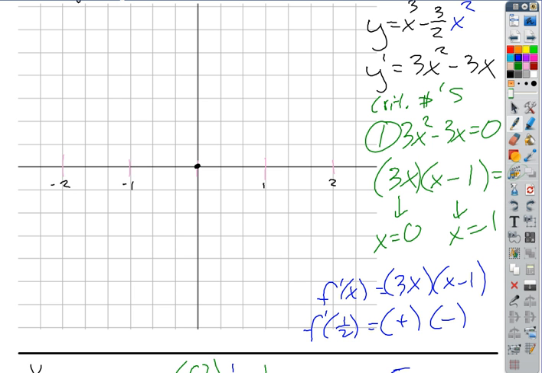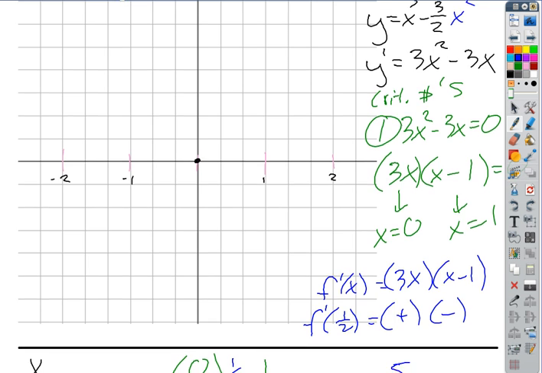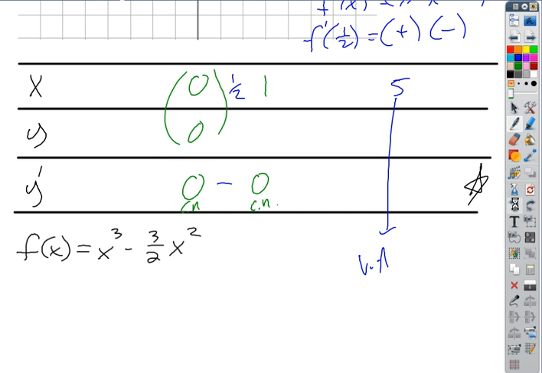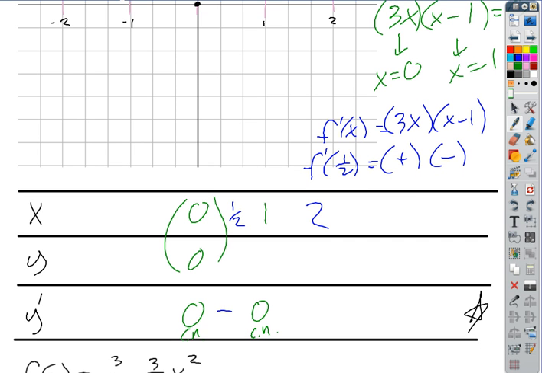Okay. Now let's go down and find the other test points and see what's going on. So let's pick another test point to the right of 1. It doesn't matter. Something like 2 is fine. So if we pick a test point at 2, and we go up here and try f prime of 2, what am I going to get? Positive times positive, which is positive.